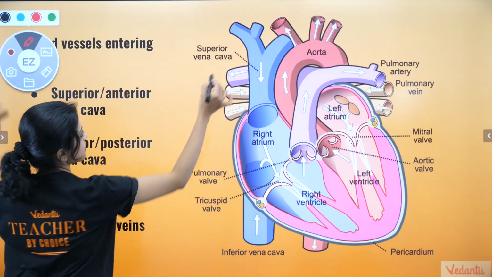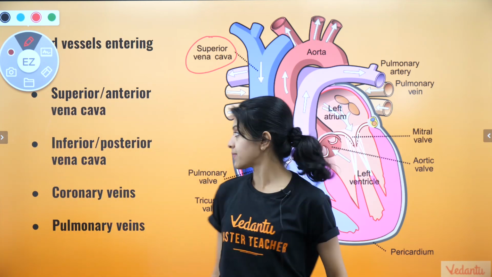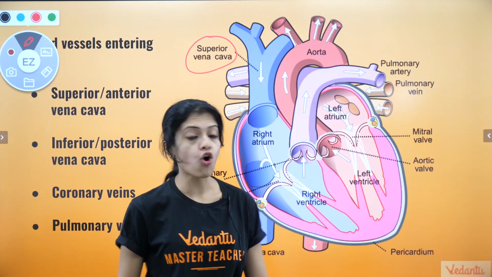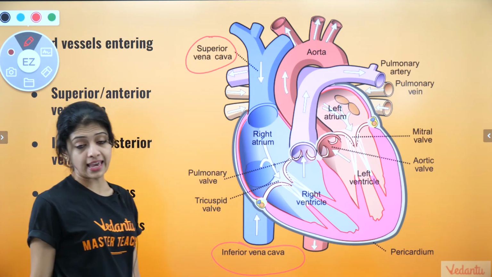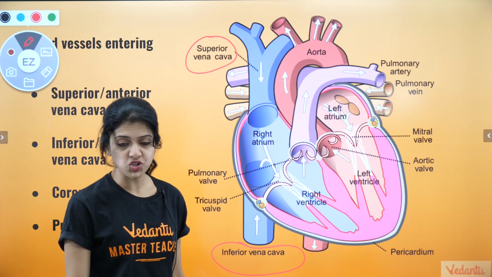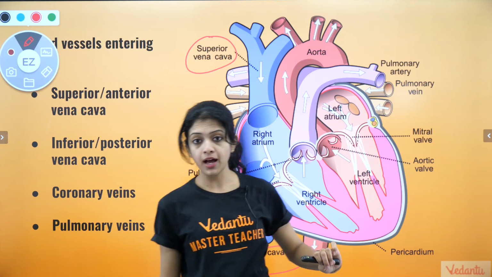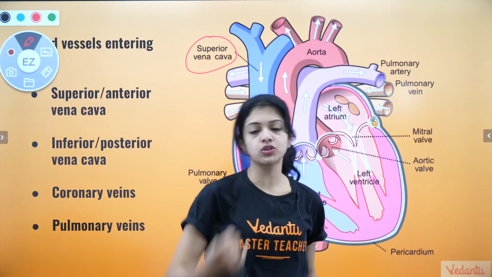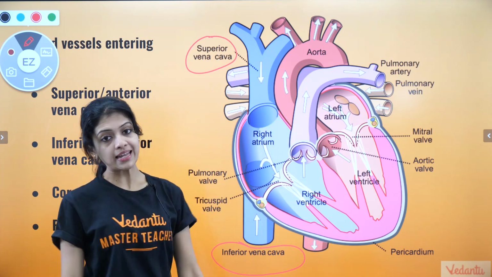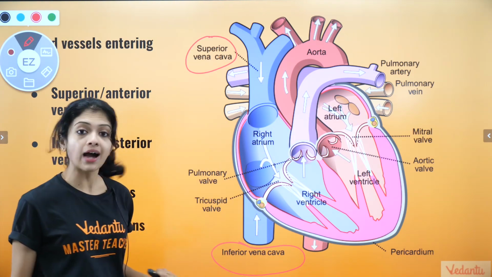Yes? Okay, secondly, the inferior or the posterior vena cava. This is the inferior vena cava, also known as the posterior vena cava. This superior vena cava brings in blood from upper body parts to the heart. The inferior vena cava brings it from the lower body parts to the heart.